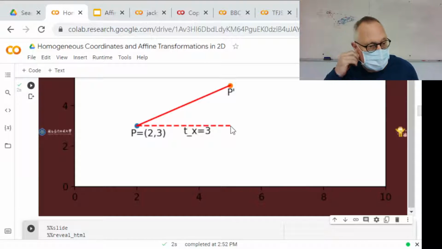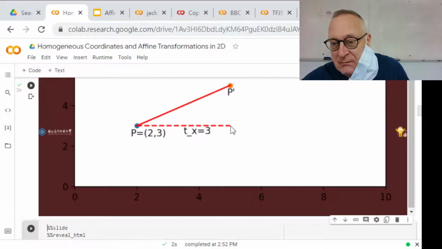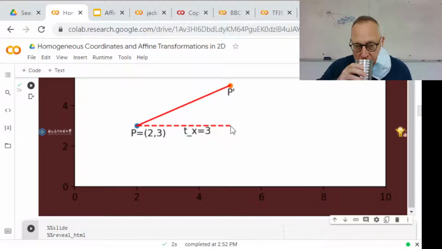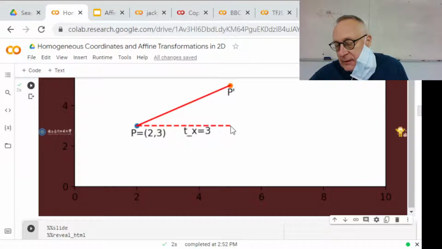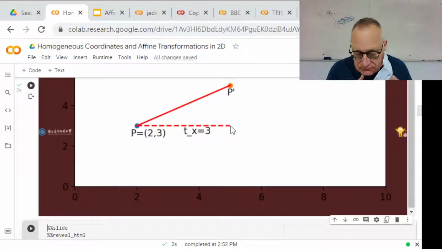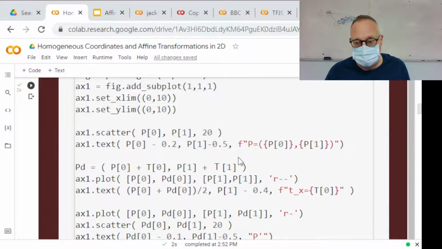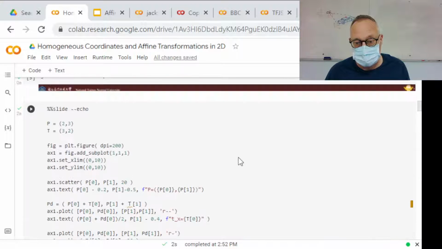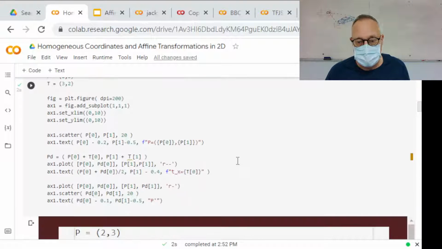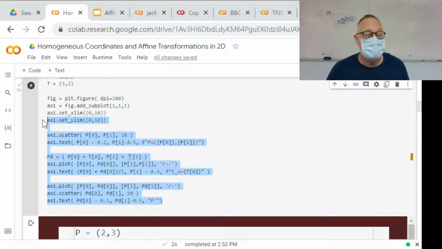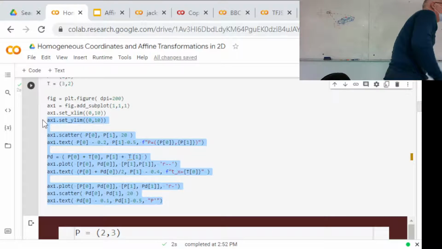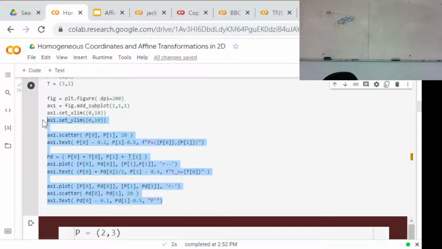See if you can do that. So you can either copy the entire notebook or just this one cell. Everything you want to do is in that one cell. And I'll be right back.